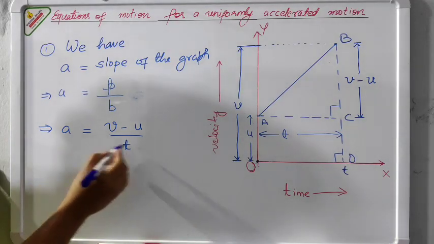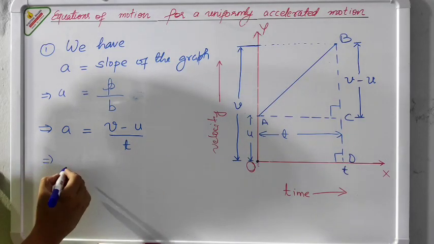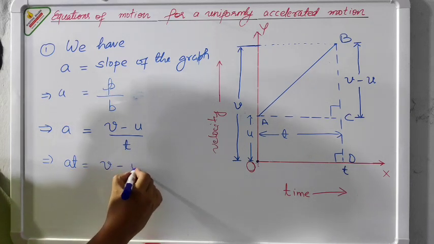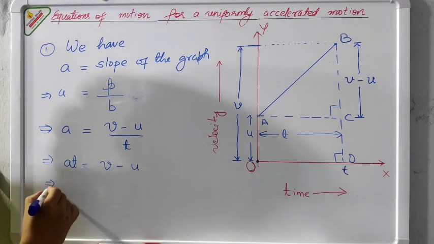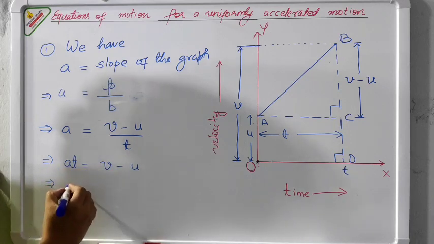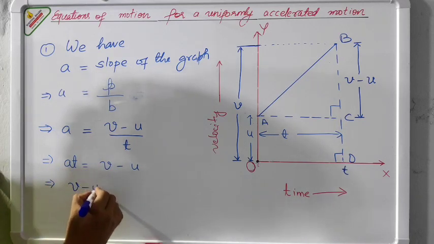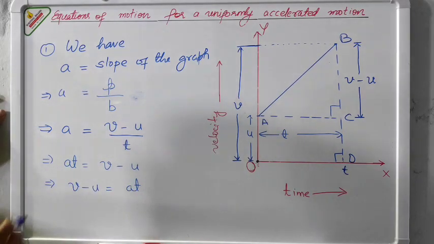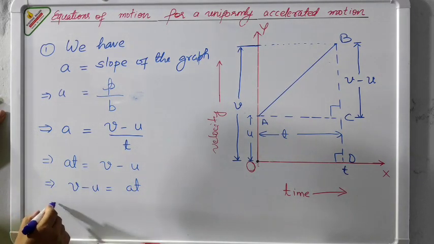Cross multiplying, we get at equals v minus u. Interchanging their positions, v minus u equals at.